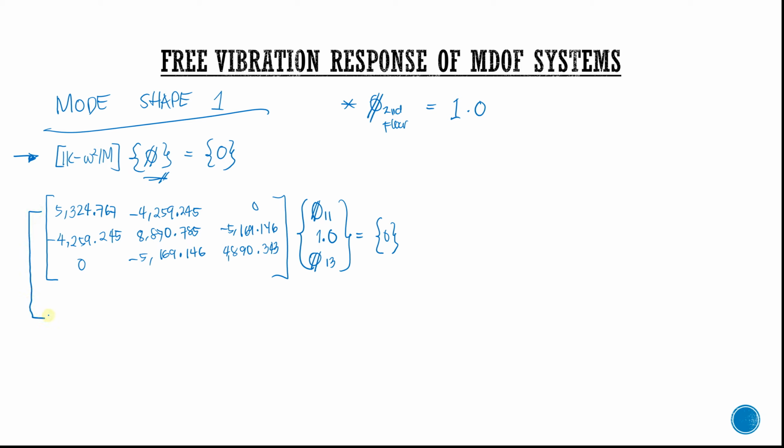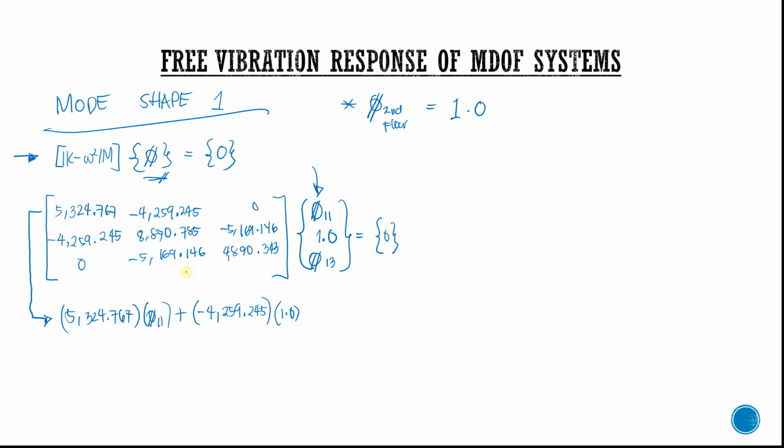So if you'll use the first row, you'll have 5,324.767 times this one here, the phi 1 or the mode shape 1 for the first floor, plus negative 4,259.245. That's times the mode shape factor for the second floor, that is 1.0.